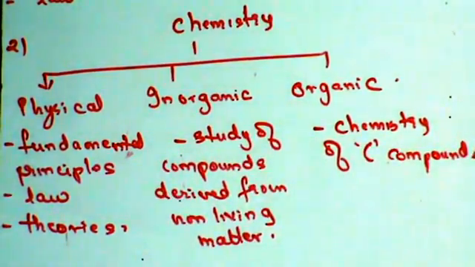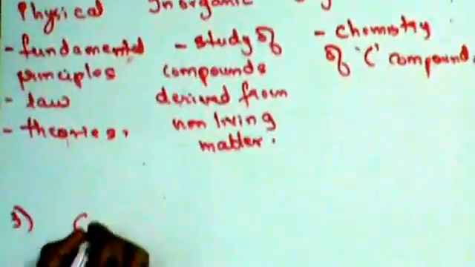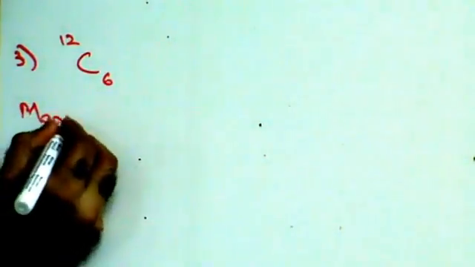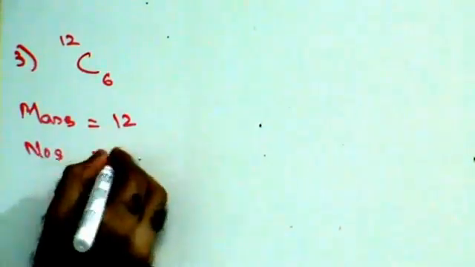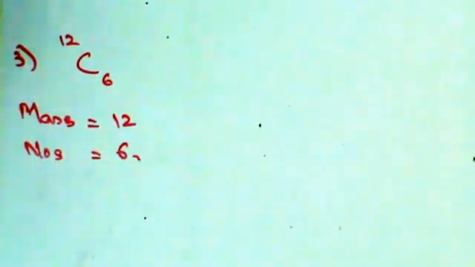Now, if you are talking about chemistry, let's see carbon compound. Carbon 12-6. Atomic mass number is 12, atomic number is 6, right? So mass number is 12, atomic number is 6.